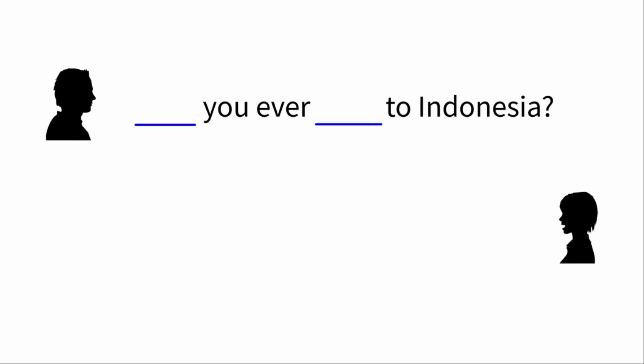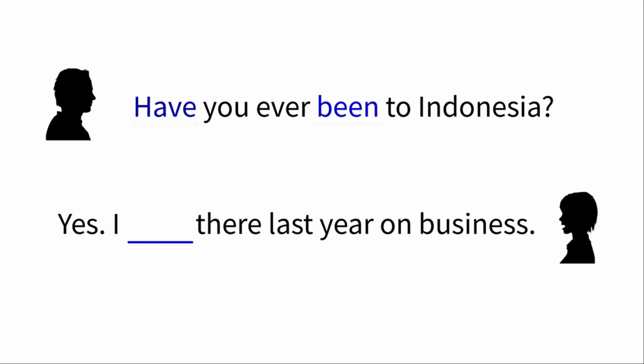The time isn't finished, and we're talking about visiting. Therefore, have you ever been to Indonesia? Yes, I there last year on business. Last year, it's finished. I visited there last year, or I went there last year on business.